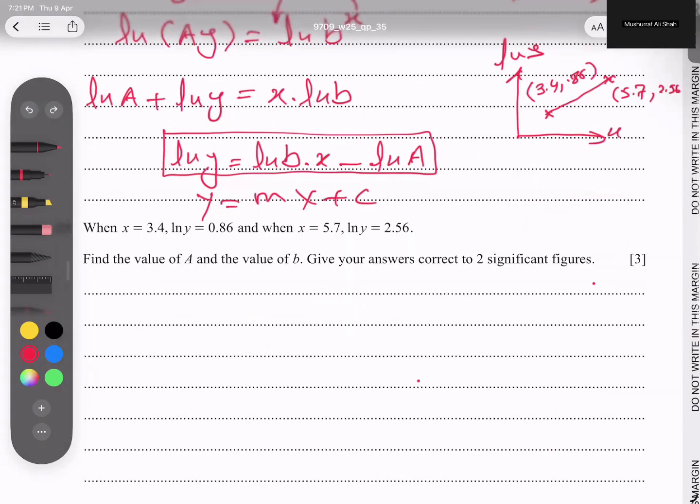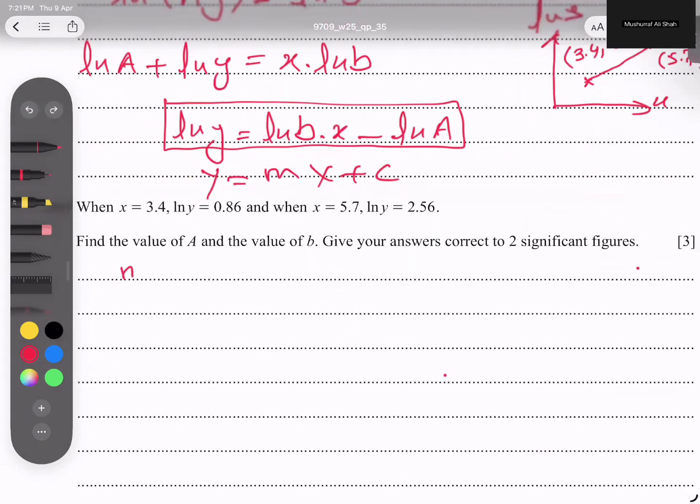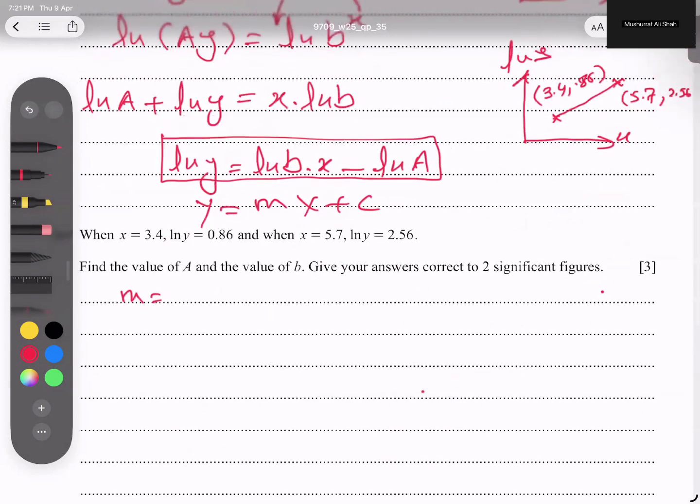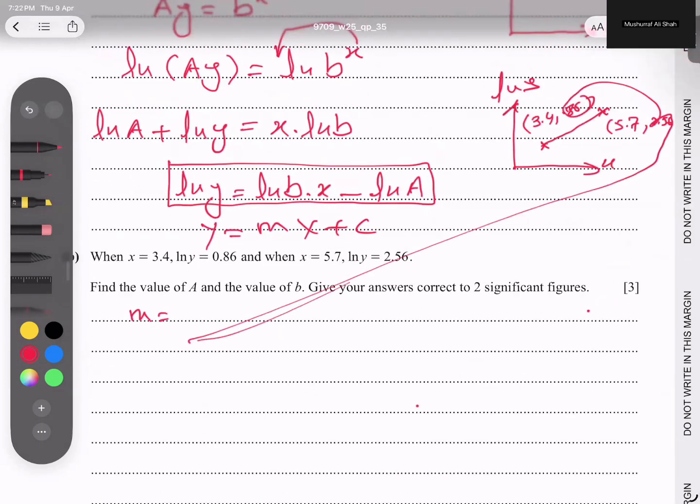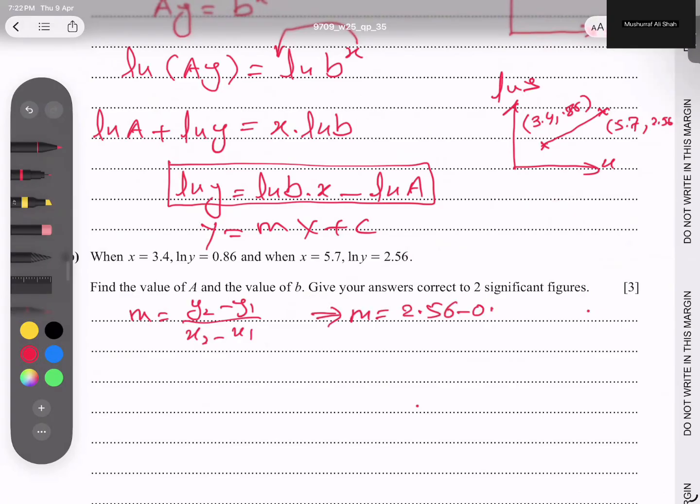Now I'm finding the gradient. How to find the gradient? I'm using the answers directly from here: y2 minus y1 over x2 minus x1. The formula is very clear, all of you are familiar with it. So y2 is 2.56 minus 0.86 over 5.7 minus 3.4.